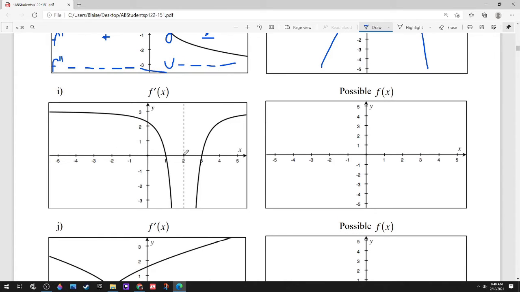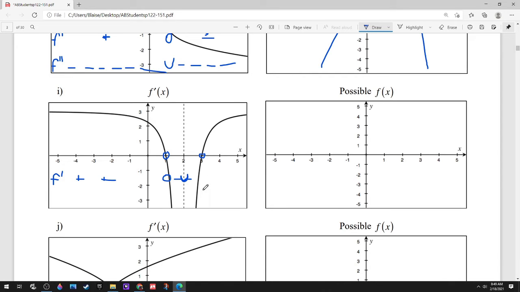Oh, weird. Okay, so the zeros are here in my f prime. So then that means we know we've got positive values. Then at 1 we have a 0. Then we have negatives. Oh, at 2 it's undefined.